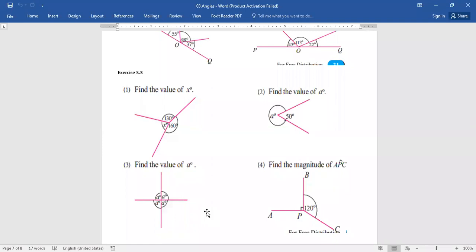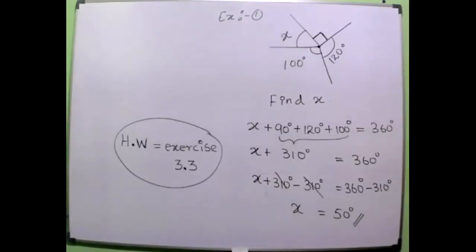Exercise 3.3. Complete this. All of you, please write this. I will send the photos to the WhatsApp group as well.